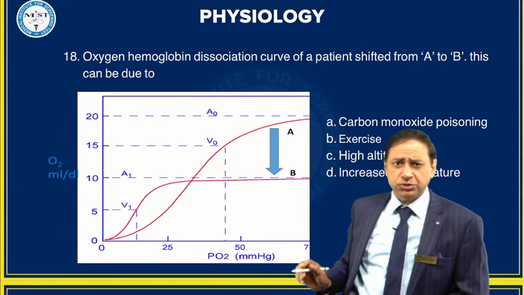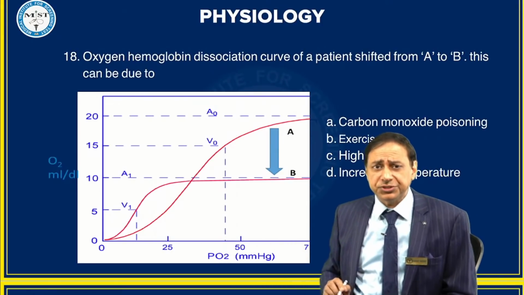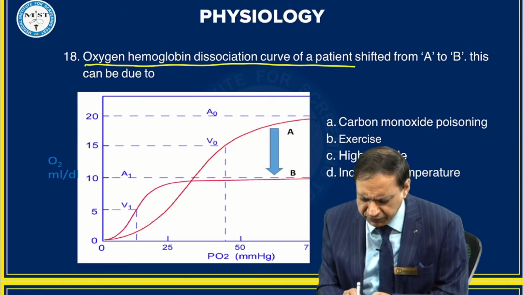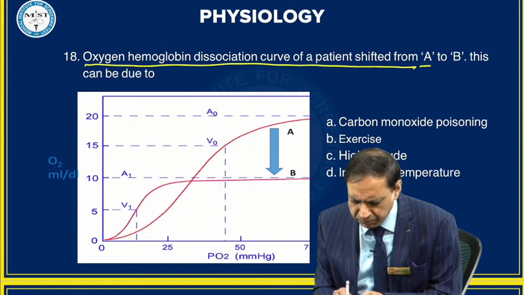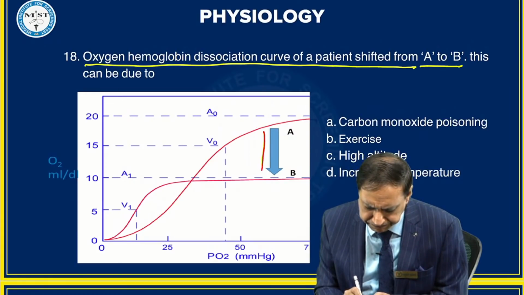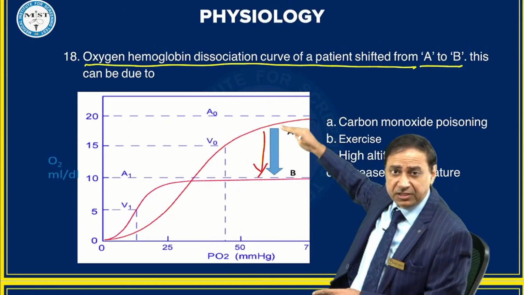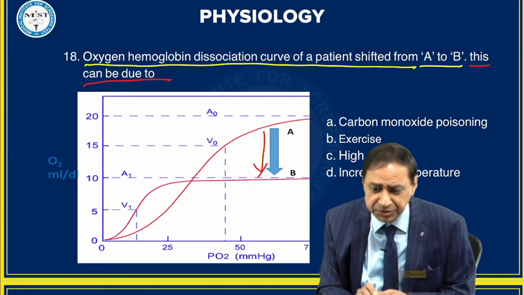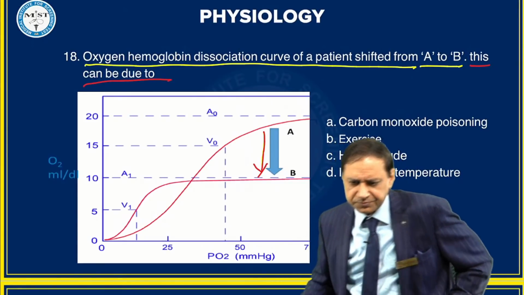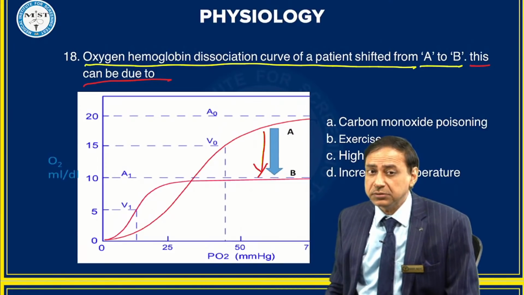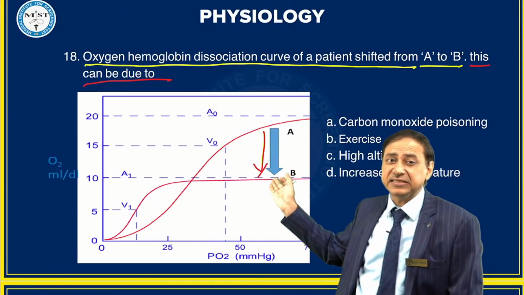See, again a question based on the oxygen hemoglobin dissociation curve. The oxygen hemoglobin dissociation curve of the patient is shifted from A to B. This can be because of what? Oxygen carrying capacity is decreased.